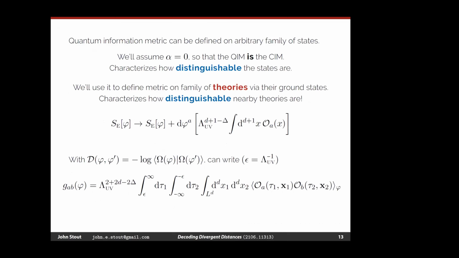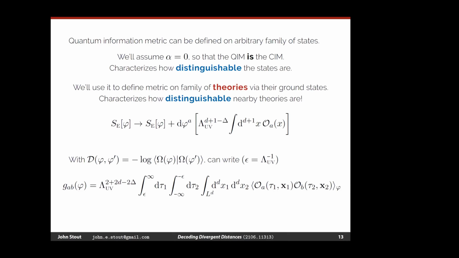Okay. So before I describe it, the classical information metric characterizes the distinguishability of a family of probability distributions. I just described how the quantum information metric, in this case where I can take away the phases, is the classical information metric. And what this does is it quantifies the distinguishability between different states.